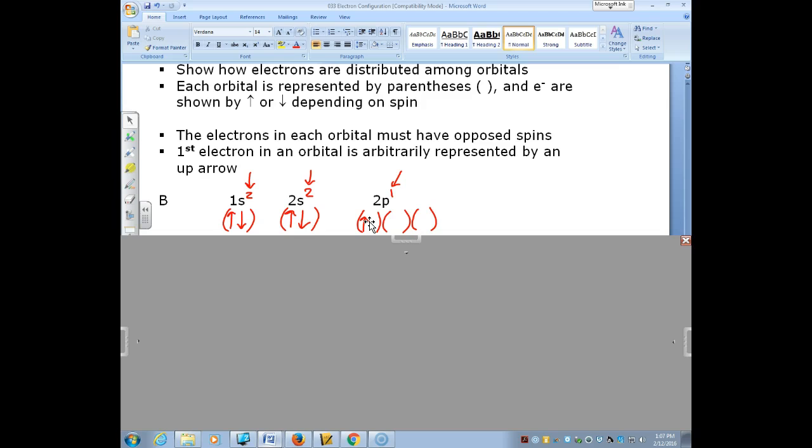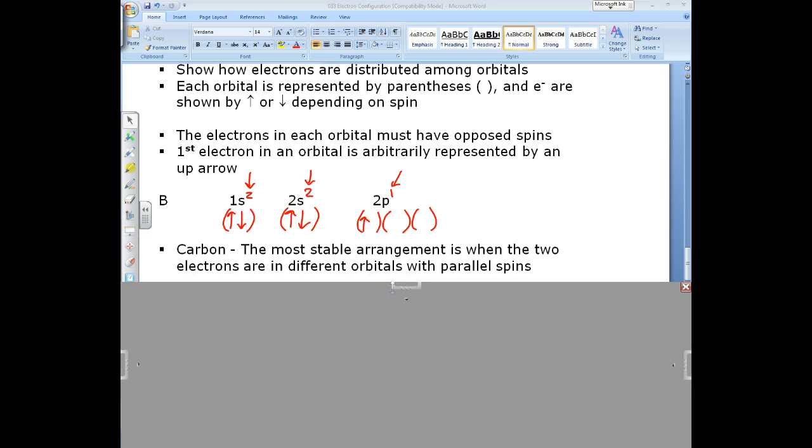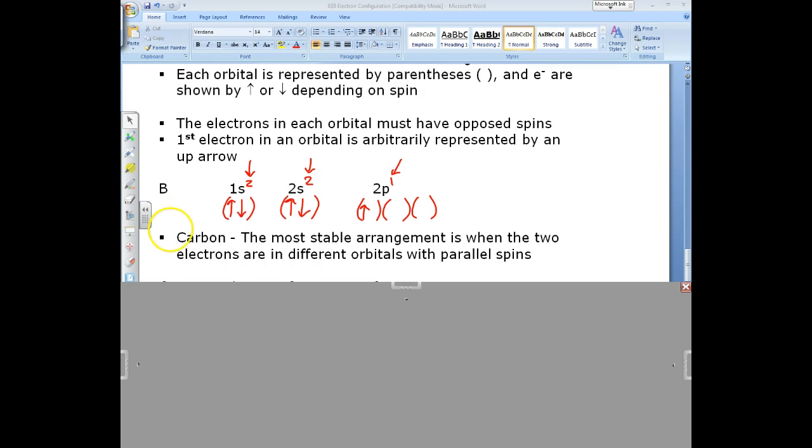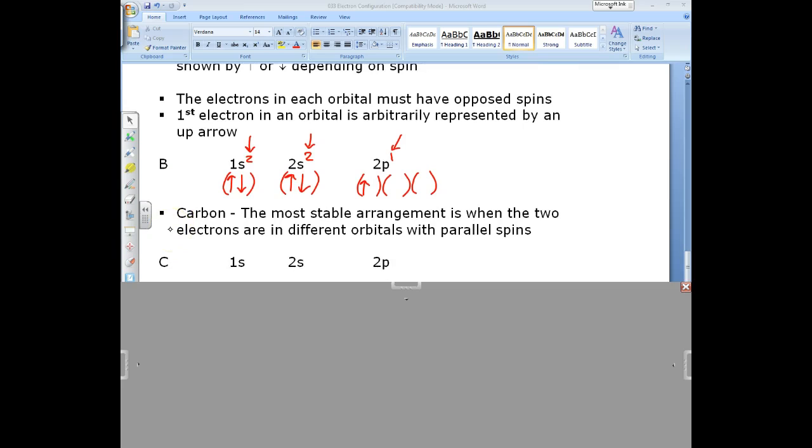Now, this little pattern holds pretty well, except for the P sublevel. We found that carbon, which just has 1 more electron than boron, has a most stable arrangement when the 2 electrons are in different orbitals with parallel spins. So if we look at carbon, its electron configuration is 1s2, 2s2, 2p2.